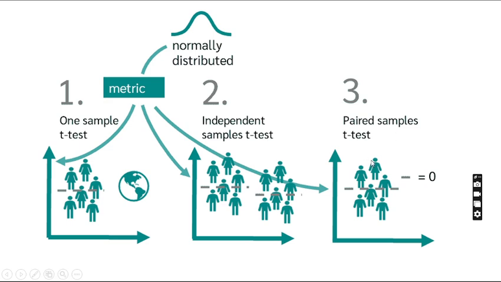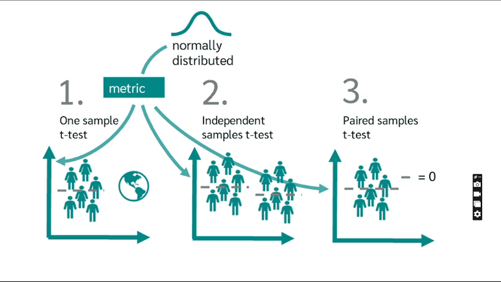In the paired sample t-test, what happens? Suppose you have a group of persons, and you are interested in the weight, how much weight has increased in a particular number of days. So you record the weight at day 0 and then record the weight at 30 days. So your sample or the persons are the same at day 0 and day 30.